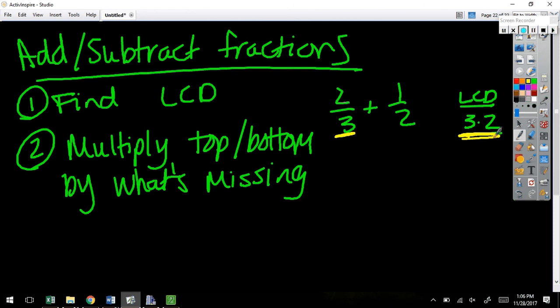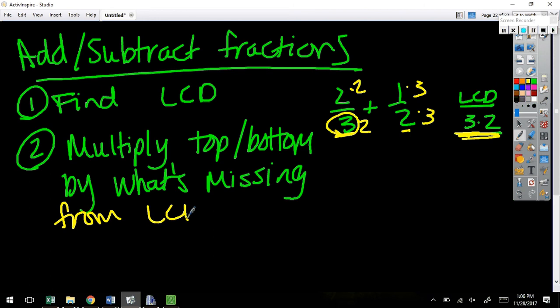What does it not have in the LCD? A 2. How did you get the LCD? We wrote the first one, already broken down, and then we included the second one. So this one is missing a 3, so we multiply top and bottom by what's missing from the LCD.